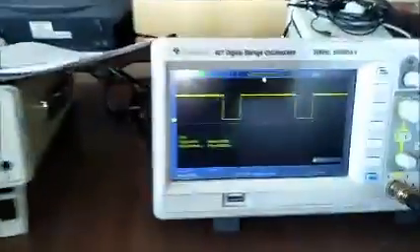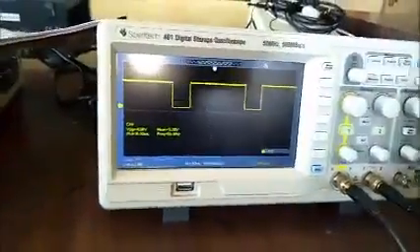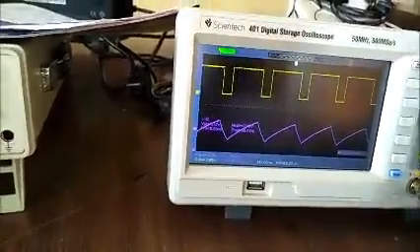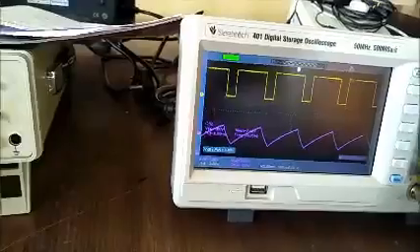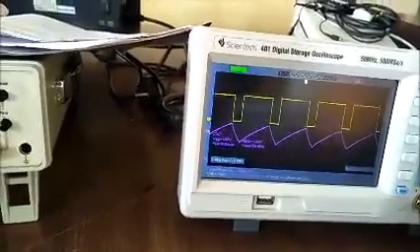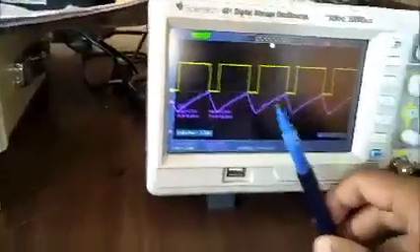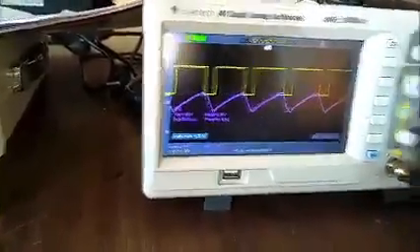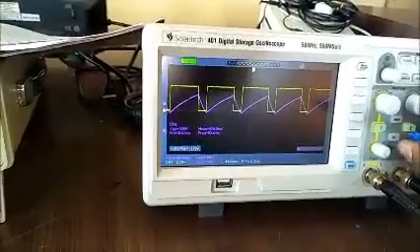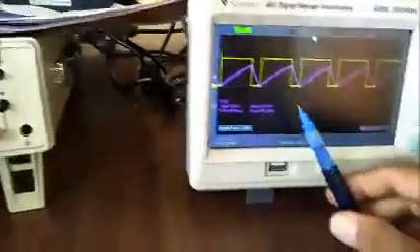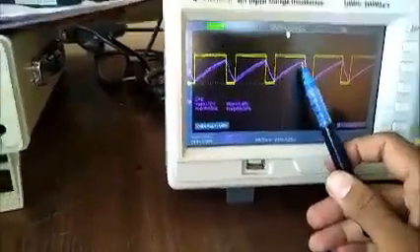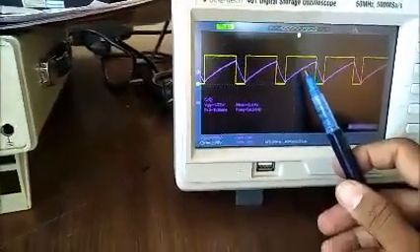When you press the auto button, here you will observe the charging and discharging cycle. When you adjust it, you will observe that during the charging period of the capacitor, the T on period will be there.